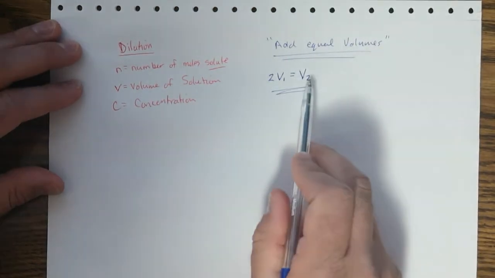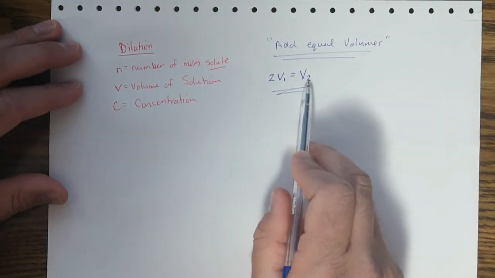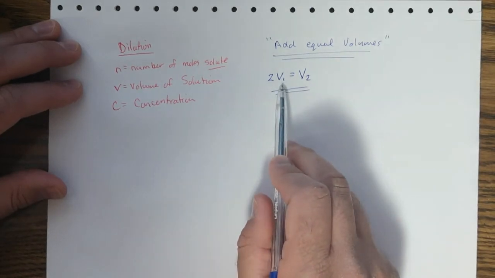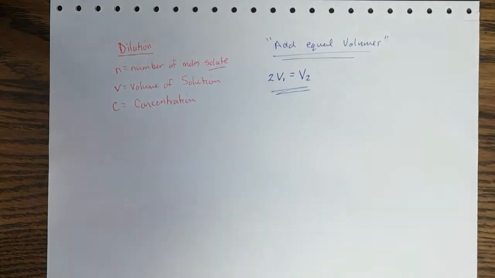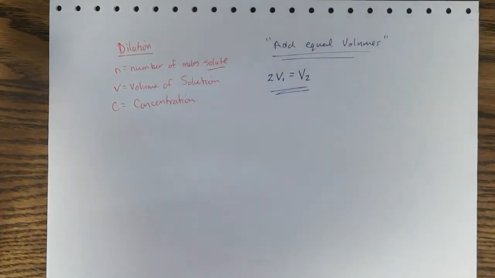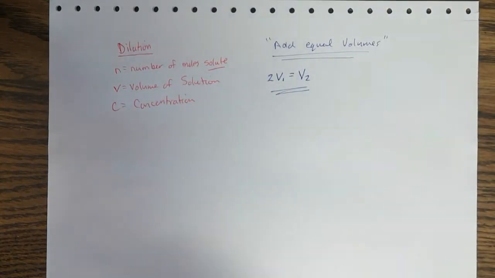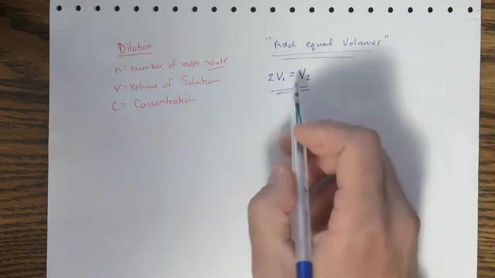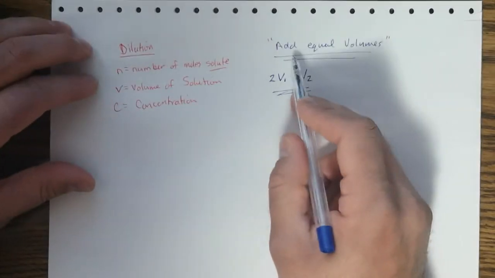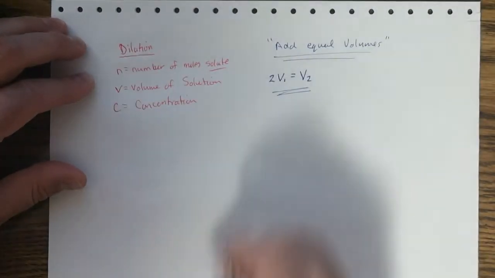So one more time, the final volume is going to be twice as big as the initial volume, because we added equal volumes. If we added 10 mils of one and 10 mils of another, you'd get 20 mils. If we added 100 mils of one and 100 mils of another, we get 200 mils. So this is what it means when we say we add equal volumes.